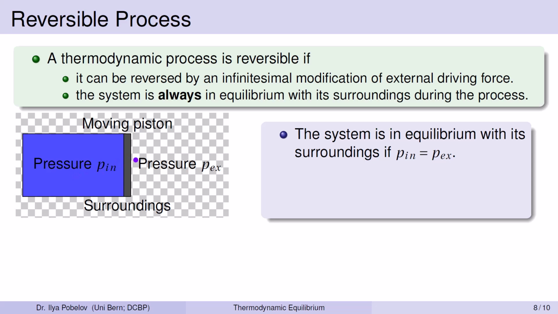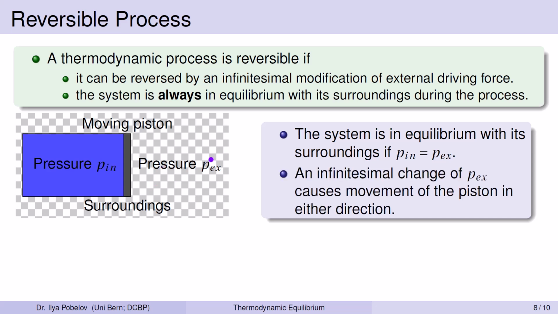This equilibrium means no energy transfer as work occurs between the system and the surroundings. However, an infinitesimal variation in external pressure alters the gas volume. A minuscule decrease in the external pressure causes the gas to expand slightly, and a minuscule increase in the external pressure causes the gas to slightly contract. According to our definition, such behavior designates a reversible process.